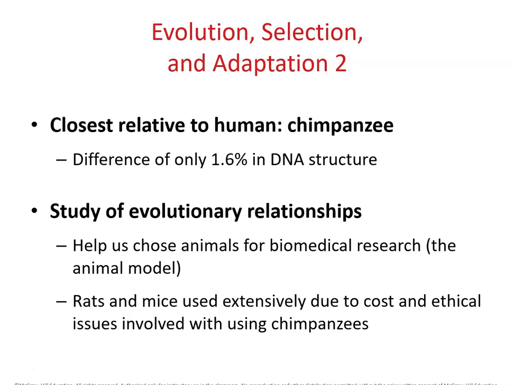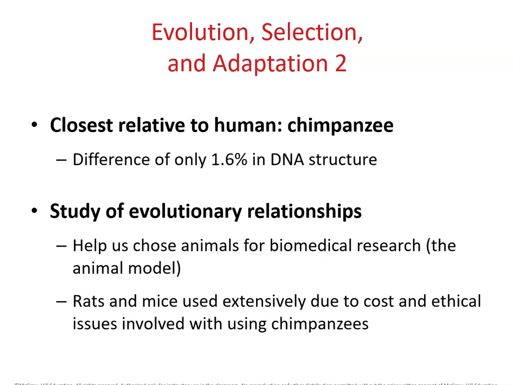When we study evolutionary relationships, the reason that we're concerned about this is we want to make good choices when we're choosing animal models for medical research. So we use a lot of mice and rats in medical research because they're much cheaper to keep than chimpanzees, and there are some significant ethical issues with using chimpanzees in medical research because chimpanzees are so similar to us.